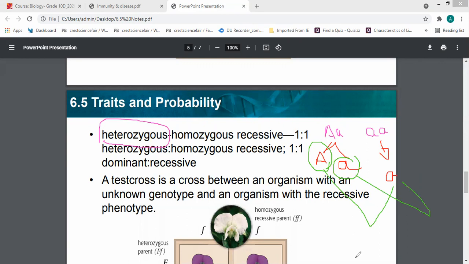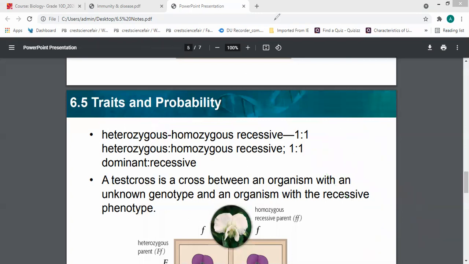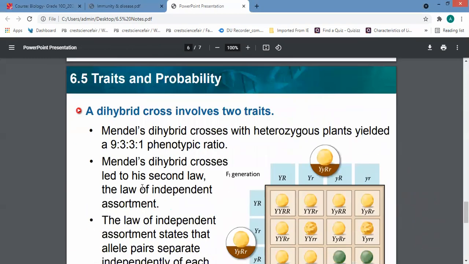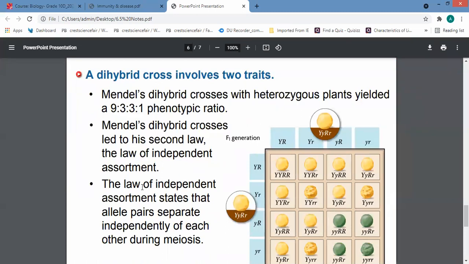So the result will be capital A, small a, or small a, small a. The ratio between them is 1 to 1: one heterozygous dominant and the other homozygous recessive. It's clear? Clear, guys?